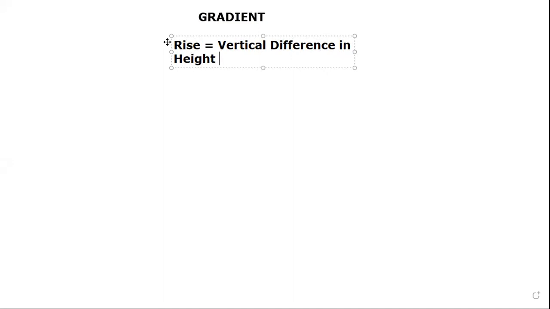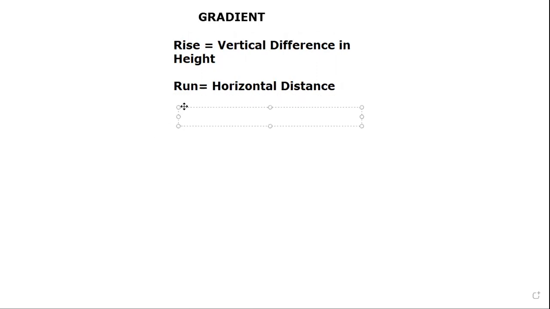Vertical difference in height. And run is, what is run? The horizontal distance. Remember that for the exam, you'll have to do these steps. So you also have to pay attention to the units on the map, right? So let us look at the question.